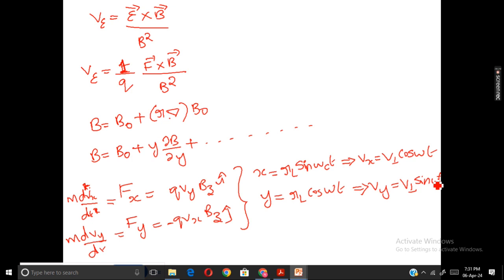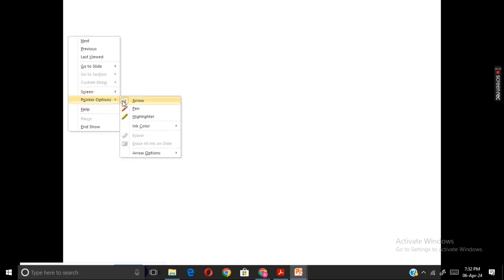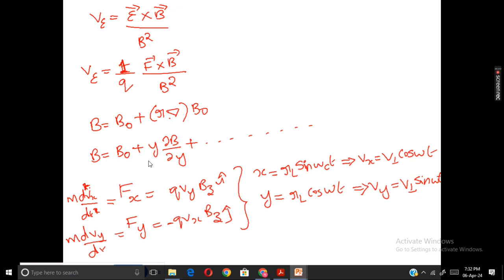Now if we substitute this solution in our current drift velocity problem, we substitute it in the force equations Fx and Fy. Fx is basically q vy Bz, where Bz is changing, and we have derived B0 plus y dou B by dou y.